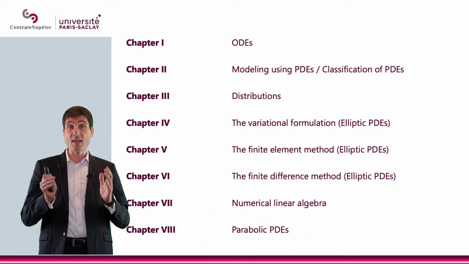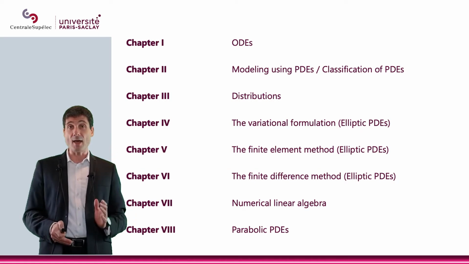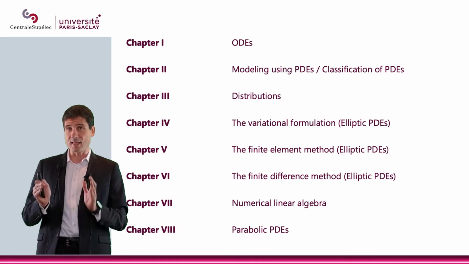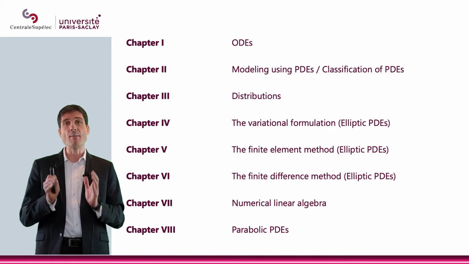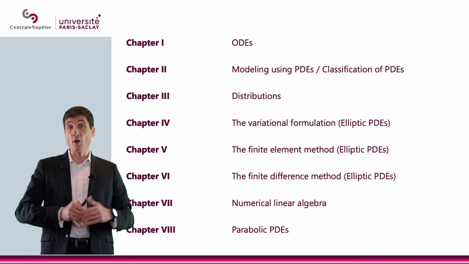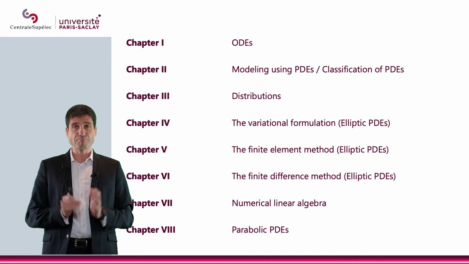So that is the outline of this course, from chapter 1 to chapter 8, 8 chapters. Chapter 1 and chapter 5 will be slightly longer, so you will have more time allocated in your timetable because of it. All other chapters will basically be about the same length.